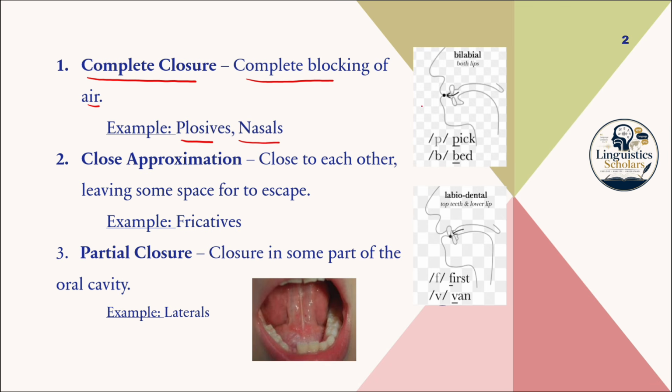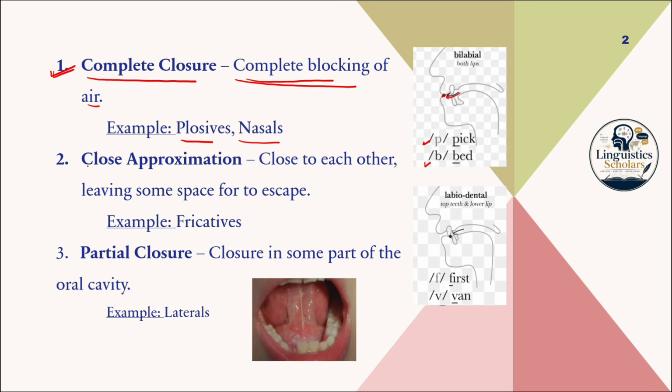As you can see in the example, when you are pronouncing pick and bed, you block the air completely with the upper lip and the lower lip, and you open them suddenly, resulting in a sudden blast of air. But before that, there is a complete blockage of the air. Such a degree of constriction is called complete closure.